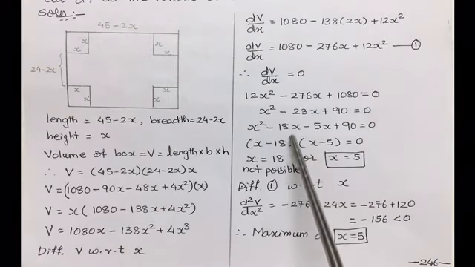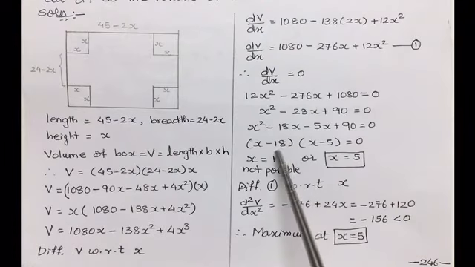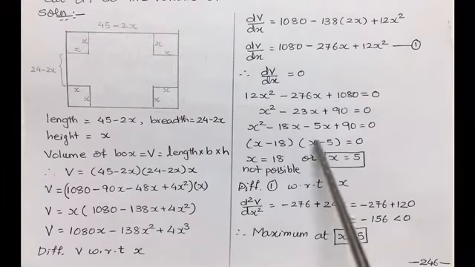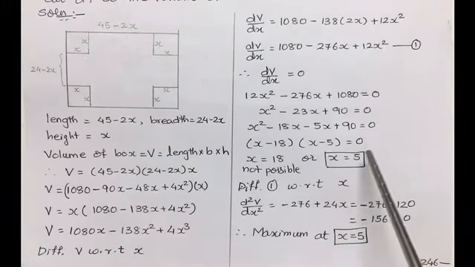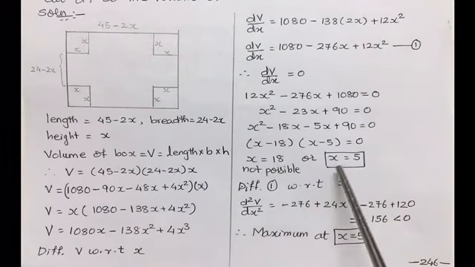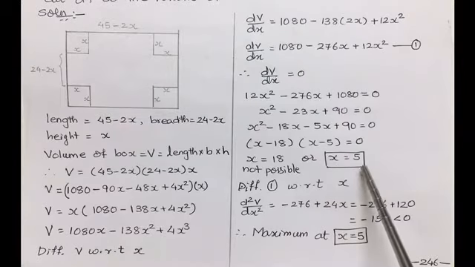Factorizing it by splitting the middle term, we get x minus 18 and x minus 5 as two factors equal to 0. Therefore, x will be equal to 18 or x will be equal to 5.